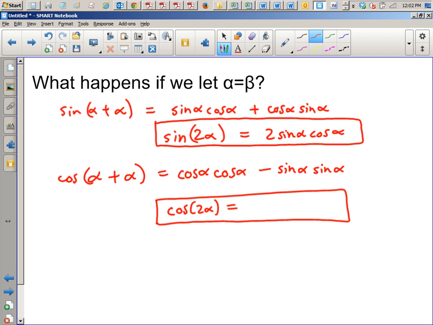And how do you write cosine times cosine? Isn't that cosine squared? So that'd be cosine squared alpha. And what's sine alpha times sine alpha? Sine squared alpha. And this too is a new one for us. Okay, so cosine of twice an angle is cosine squared of the angle minus sine squared of the angle.